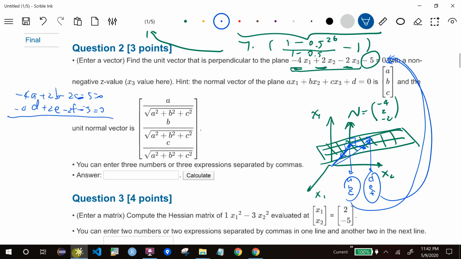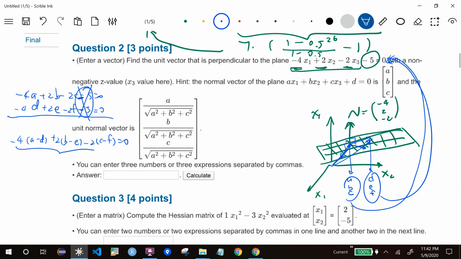If you take the difference, you see minus 4 times (a minus d) plus 2 times (b minus e) minus 2 times (c minus f). This is 0. So these two constants cancel out when you take the difference between the two expressions.